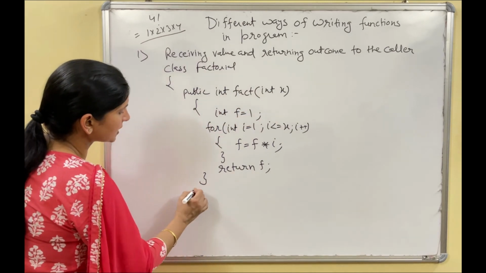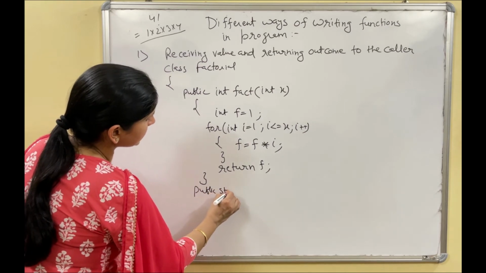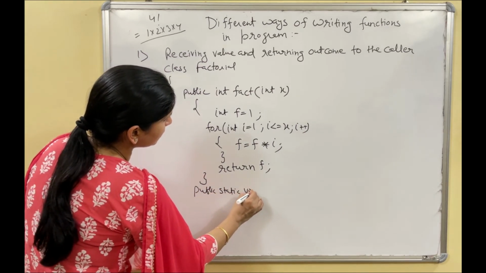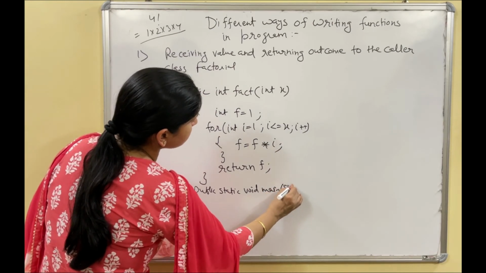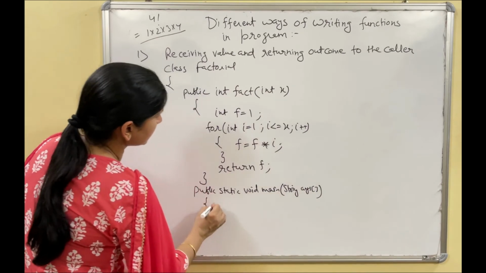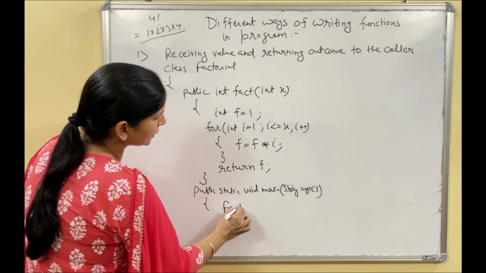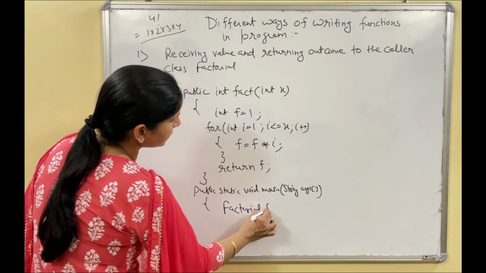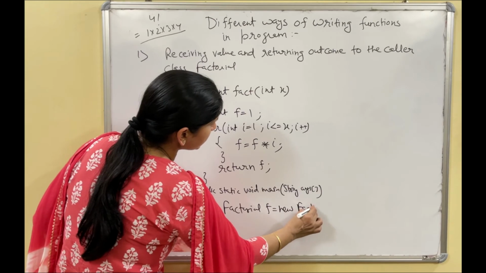Then how will you invoke this function in main? Public static void main, String args. Now to invoke this we will create the object of factorial. Factorial f equals to new factorial.